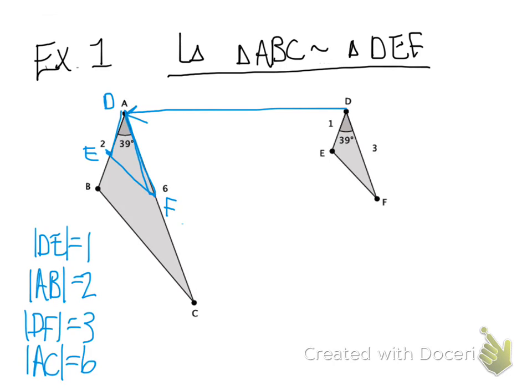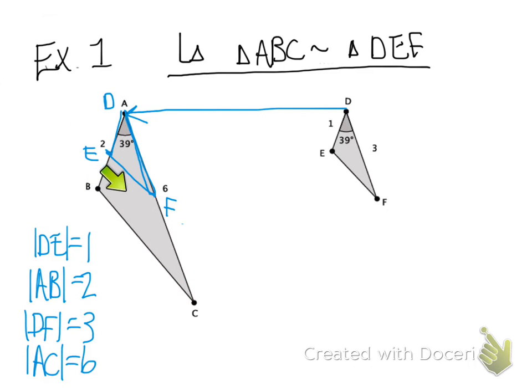So if we could show that line EF, this line, is parallel to this line, then we could know that this angle here, DEF, is congruent to angle ABC.